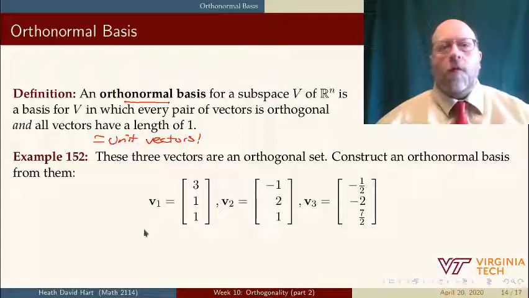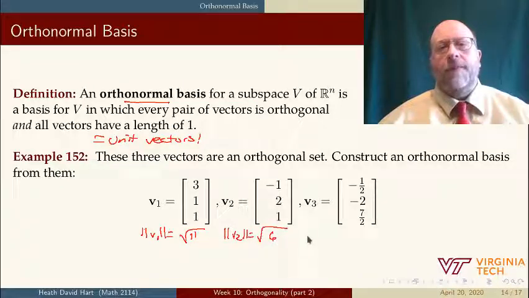So what I need to know is what are the magnitudes of these vectors. This vector has a magnitude of the square root of 11. This is 9 plus 1 plus 1. This vector has a magnitude of the square root of 1 squared plus 2 squared plus 1 squared, which is square root of 6.